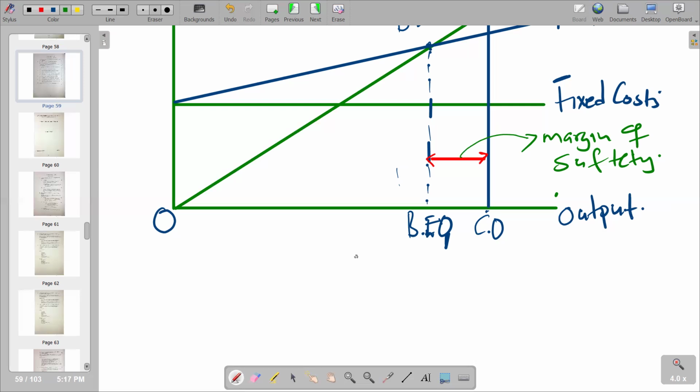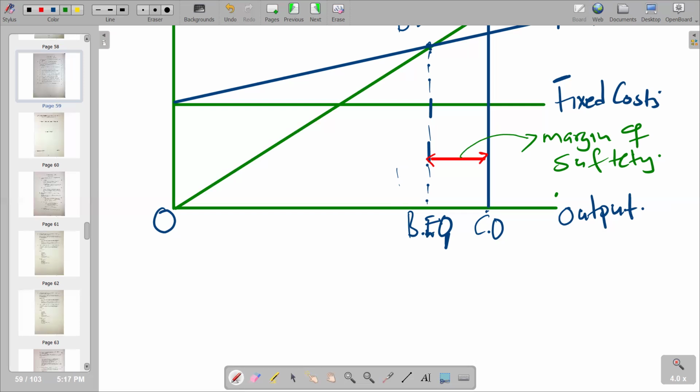But the moment we go backwards beyond the break-even quantity, we are now making a loss. So basically, that's the use of the margin of safety. How safe is the business, even if the production is reduced? So we can measure it by comparing it with the break-even quantity. So this is the presentation that we have.